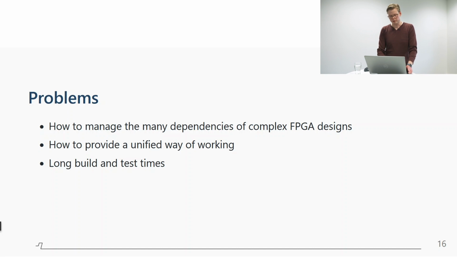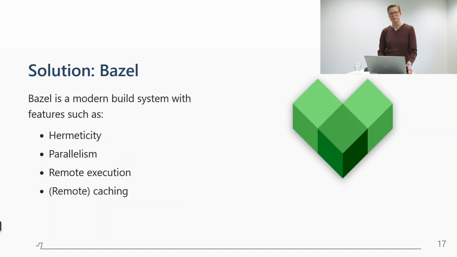And one additional problem with FPGA design is that the build and test times can be quite long, maybe multiple hours. And basically all of this we solved by using Bazel as our build system. So Bazel is a modern build system. A build system is something like Make, for example, which you can use to do builds.